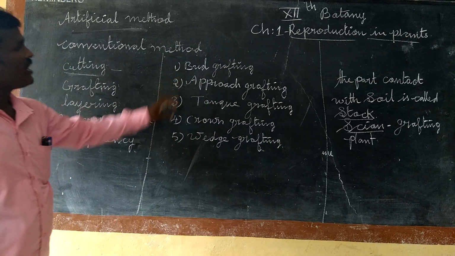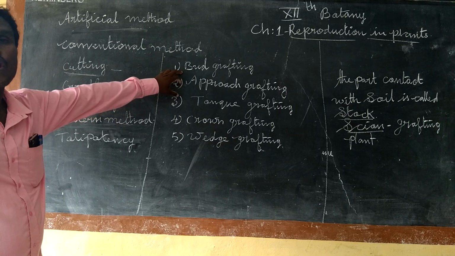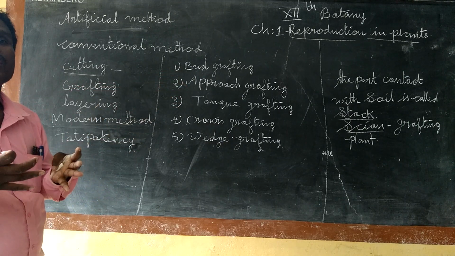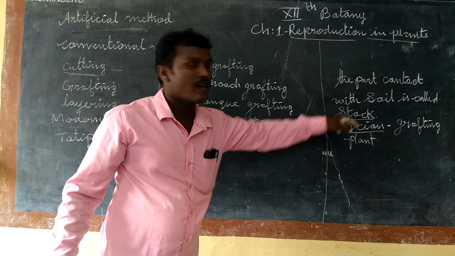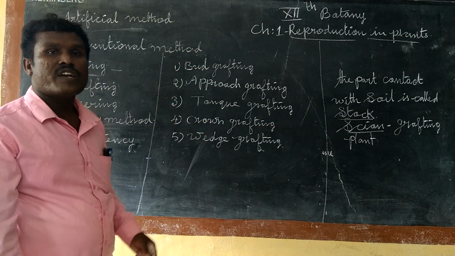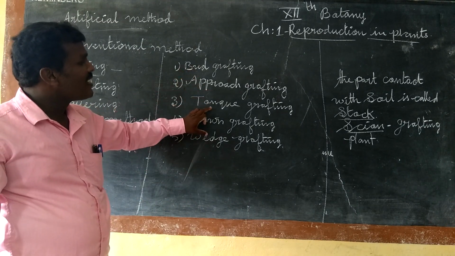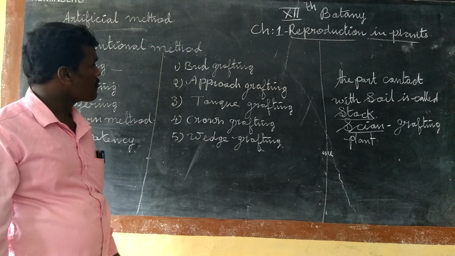So these are the different grafting techniques. How do we classify these? Based on the position, how the stock and scion are joined, it is classified into bud grafting, approach grafting, tongue grafting, crown grafting, and wedge grafting.